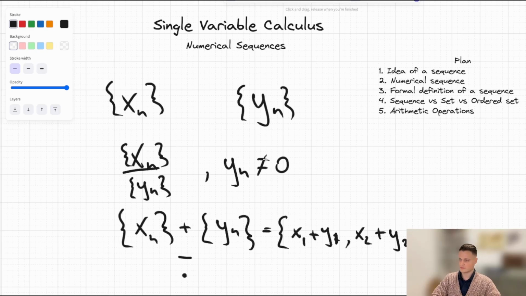So none of them may be equal to 0, because in such a case some of the elements will be infinity. And this part is equal to, again, the element-wise division. So the first one is divided by the first one, so on and so forth. These are some basic arithmetic operations on sequences which are allowed, and they are quite frequently used.